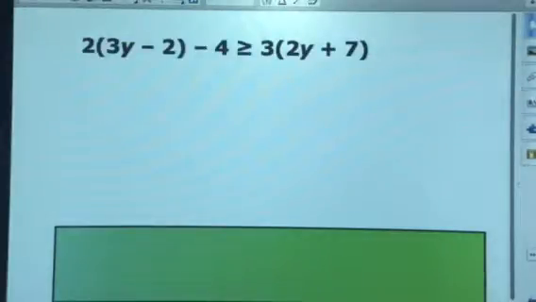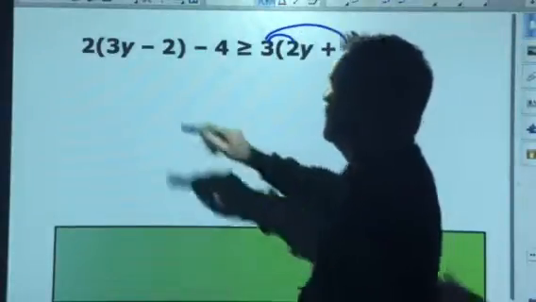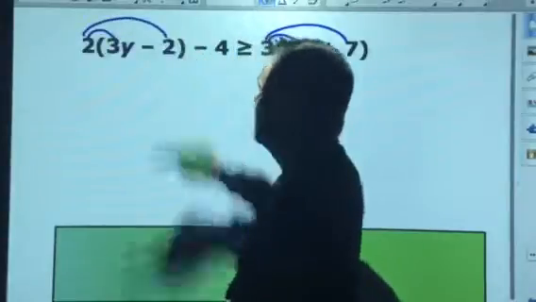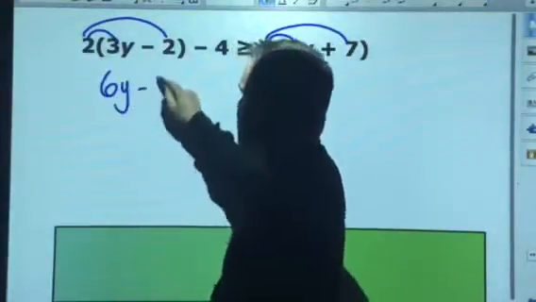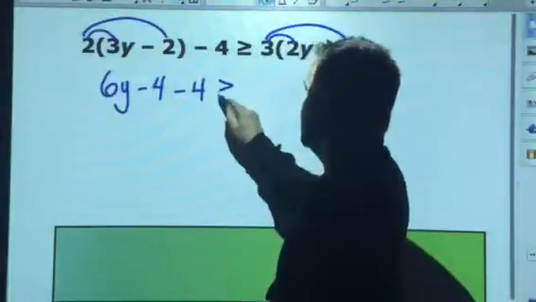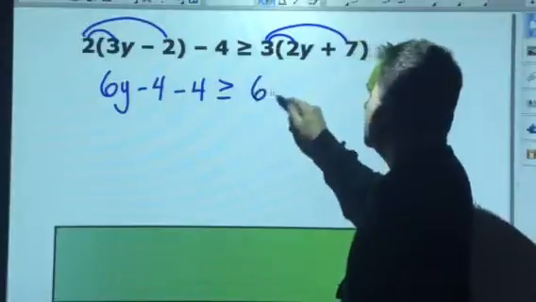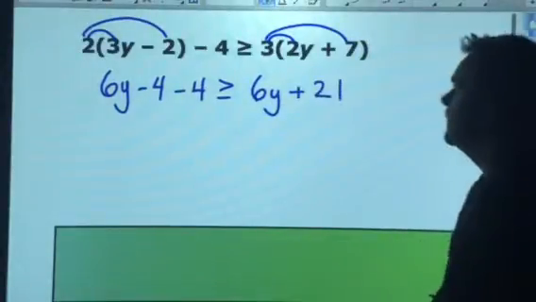Okay, next one, a little bit more involved. Okay, we have to do rainbow math to simplify it first before we solve it. So 6y minus 4, minus 4, is that greater than or equal to 6y plus 21?